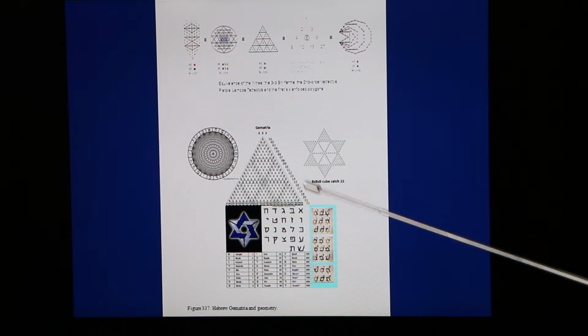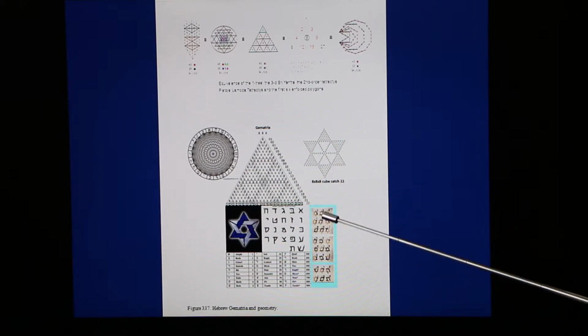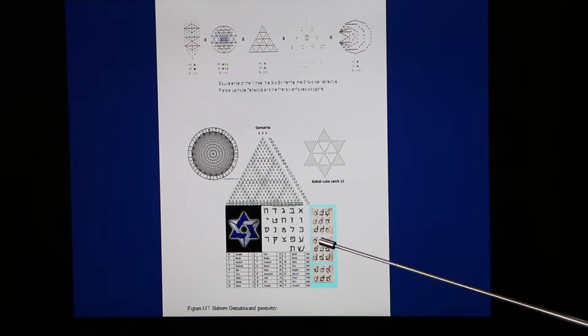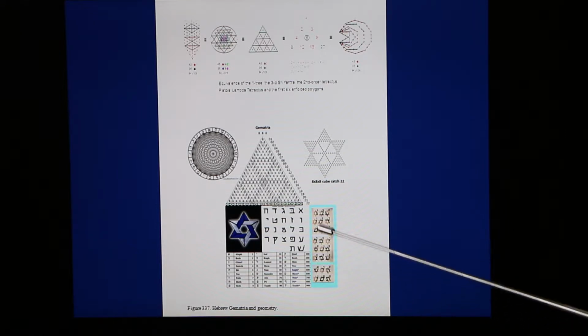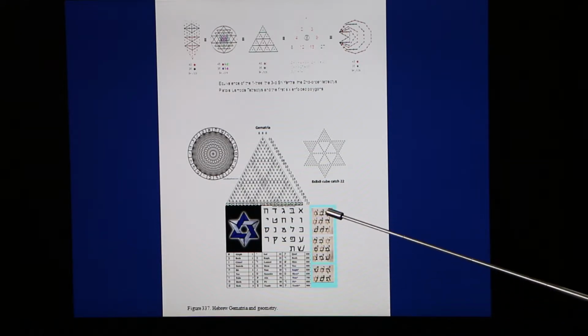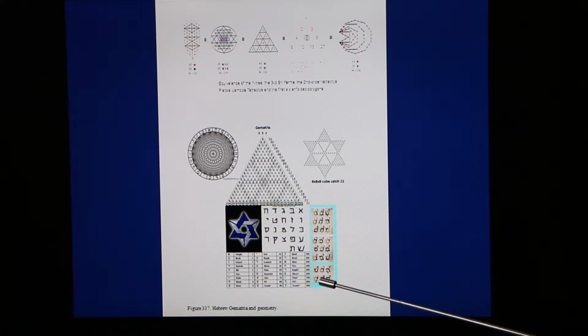I can do it this way as a triangle, or I can use the hexagram as a grid and use that to produce all the letters of the Hebrew alphabet. So the geometry is, again, the way of approaching it, but also the way of creating the letters.